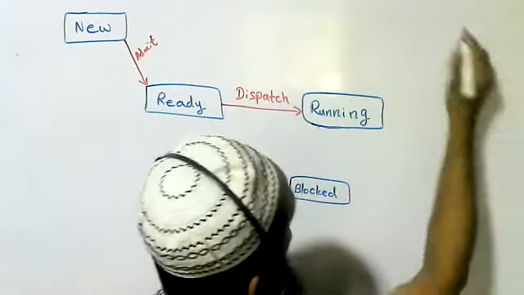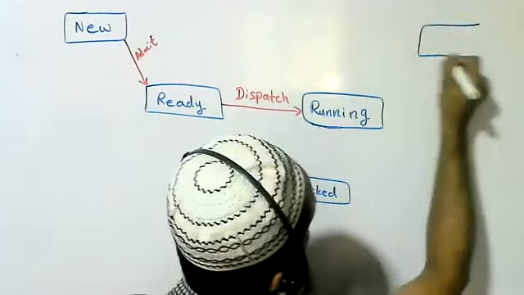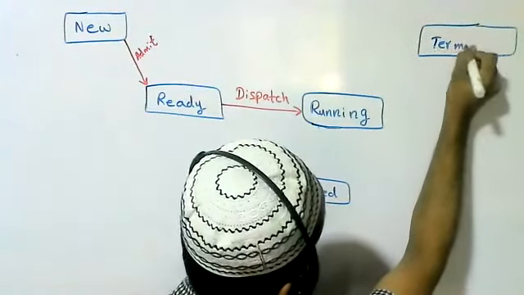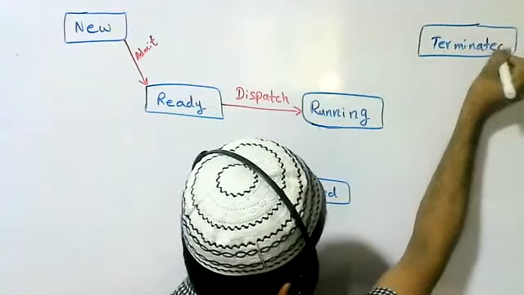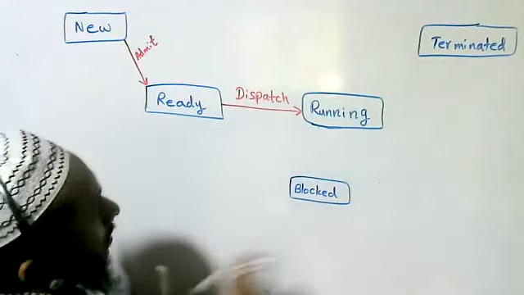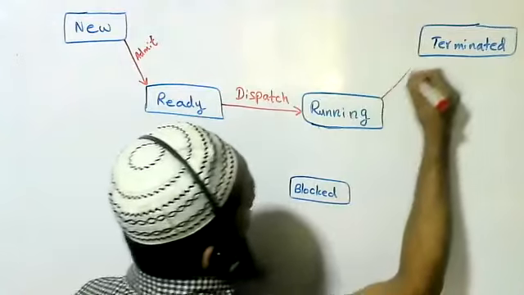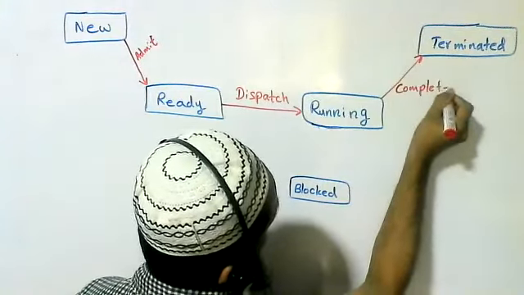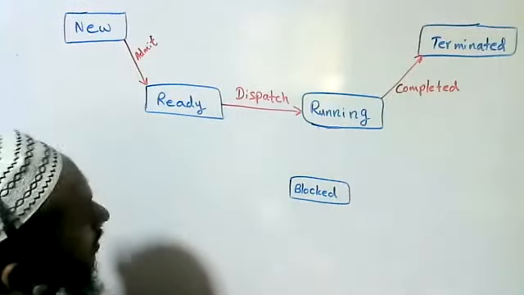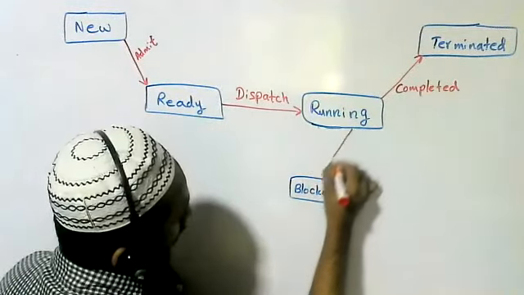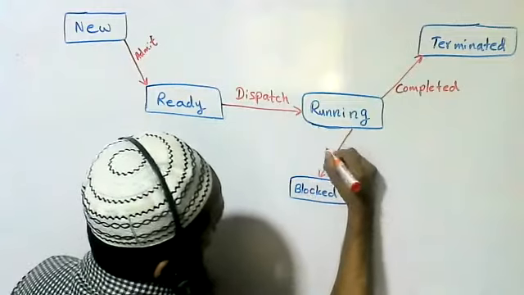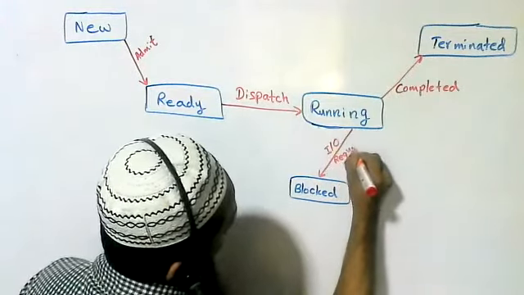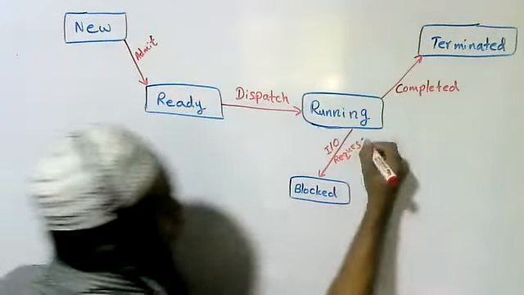If it completes its execution, it goes to terminated state. If it needs an IO event, or we can say IO request, it comes to blocked state.